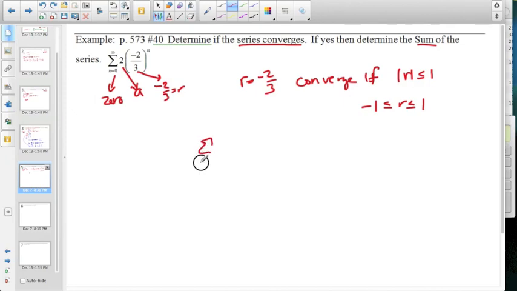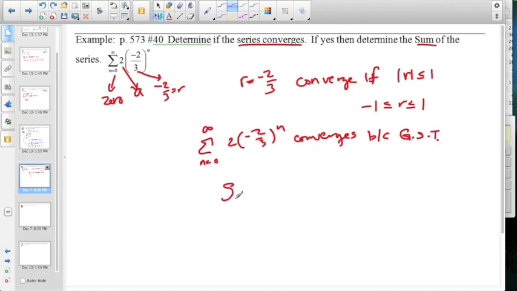So the series 2 times -2/3 to the n converges because of the geometric series test. And now we can go ahead and find the sum. Our a value is 2.